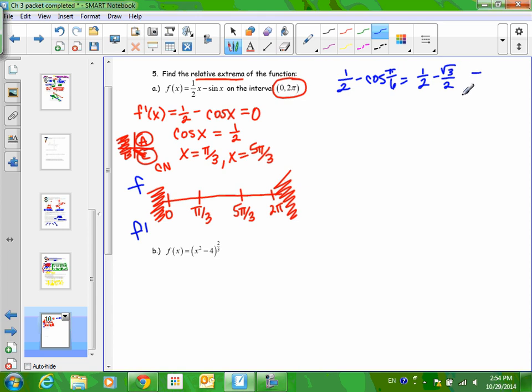Do you know what root 3 is about? It's about 1.7. What's the date for St. Patrick's Day? March 17th. 317. Square root of 3 is about 1.7. Have you ever heard that before? You don't really have much need for it, but it was kind of useful right here.